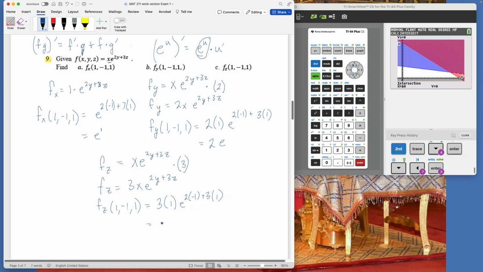So that's going to give us 3 e to the 1, or just 3e. So those are our 3 answers for those first derivatives. So be able to do that kind of equation, and then just, derivative with e.